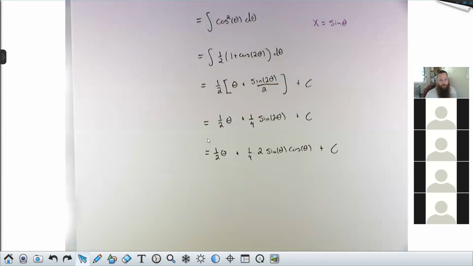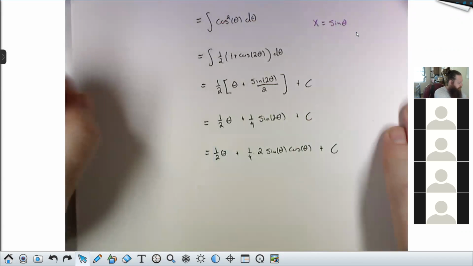Now we're a little closer. I need to rewrite this all in terms of the variable x. Well, sine theta, this piece at least, I know that piece is just x. 1/2 theta, this guy I get by solving this for theta.